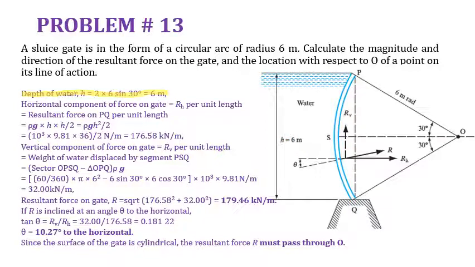In this case as well, to find out this horizontal component RH, we'll have to use the same way. We will take the vertical projection of this curved surface PQ, and we'll find the resultant force.